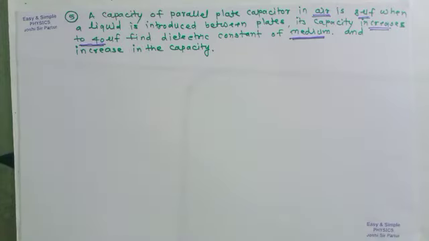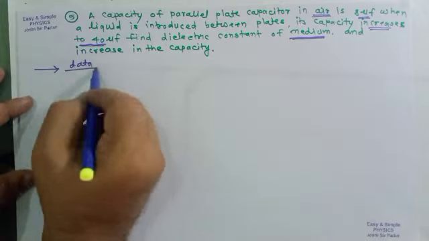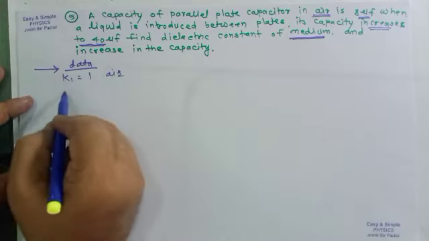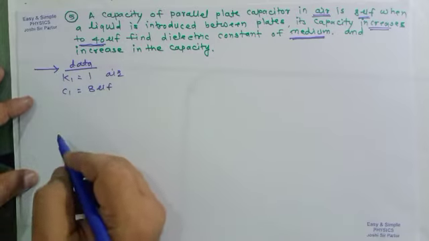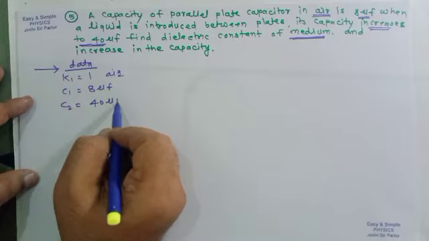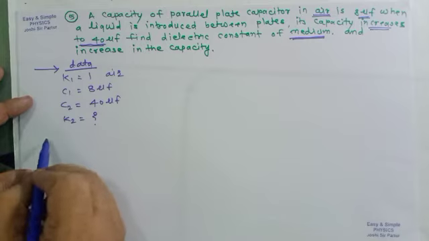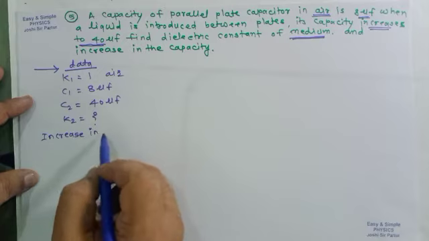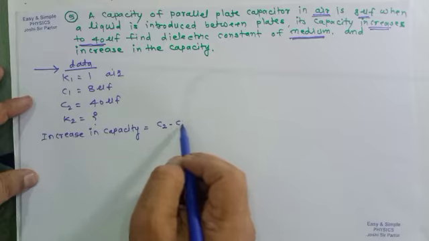Here we know that for air K1 is equal to 1 and C1 is equal to 8 microfarad. When liquid is introduced, capacity will be increased to 40 microfarad. K2 will be found out, and we want to find the increase in capacity, that is C2 minus C1.